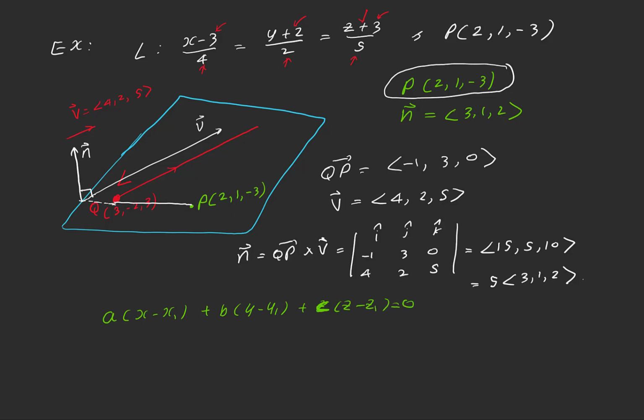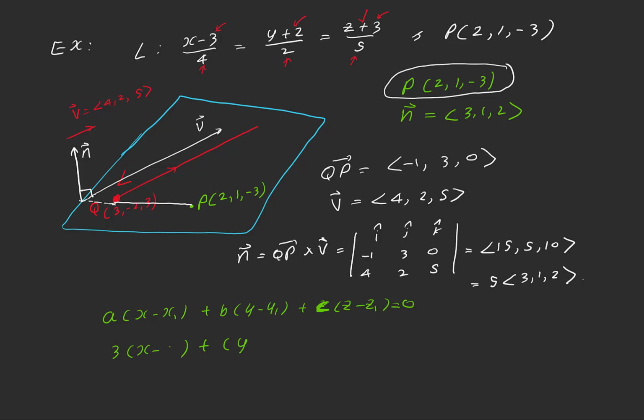So a is the perpendicular vector component, so that should be 3 times x minus x1 plus b is 1 times y minus y1. Actually, what is the x1?